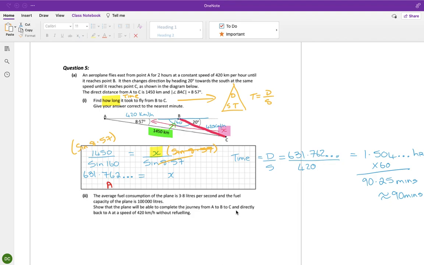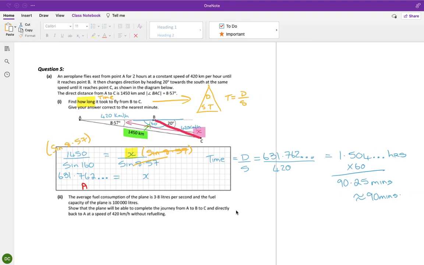Okay. That all right? The average fuel consumption in the plane is 3.8 litres per second and the fuel capacity of the plane is 100,000 litres. Show that the plane will be able to complete the journey from A to B to C directly and back to A, at a speed of 420 without refueling.